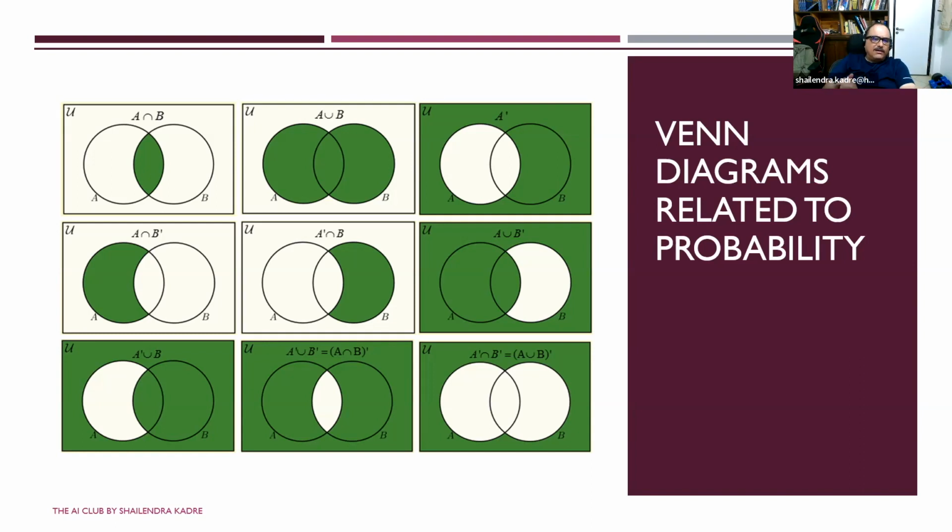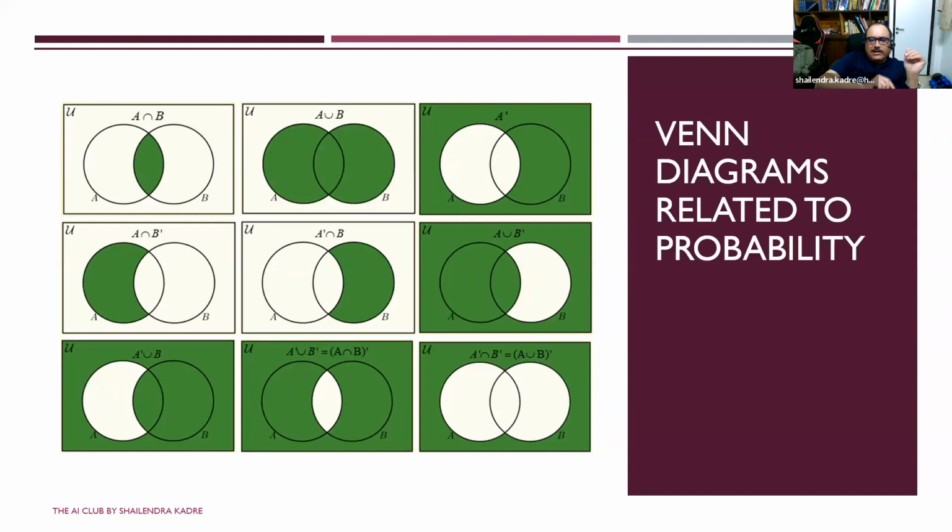The first time it looks a little confusing. I was also confused, but try to practice. It is very difficult to explain in words, but try to find out why this green area represents what the relation is telling. Now I am telling A dash intersection B dash.